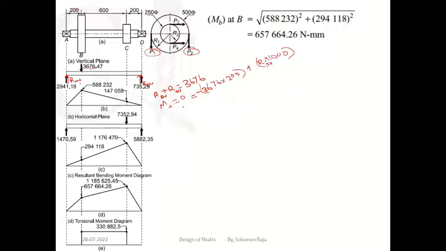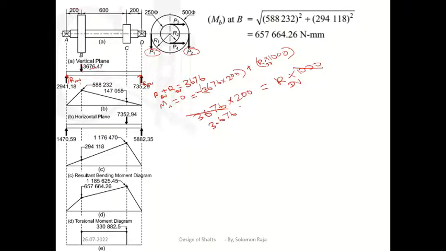So here 0, here minus 3676 into 200, here RDV into 1000. Bring it to this side. If you cancel this 1000 with this, you will get 3.676.